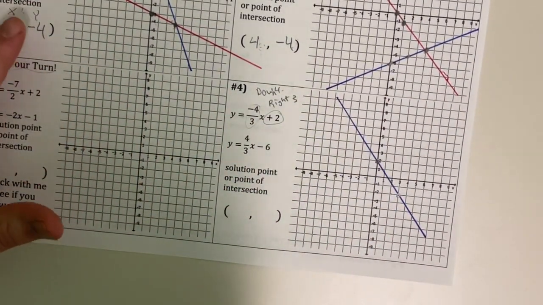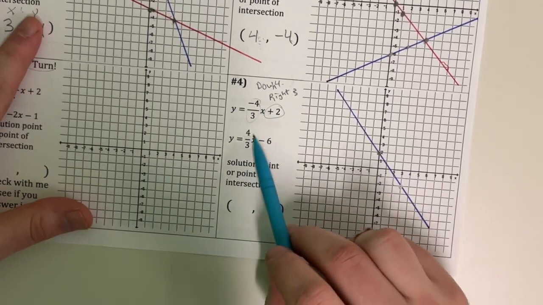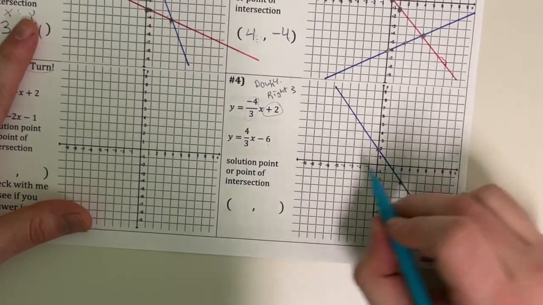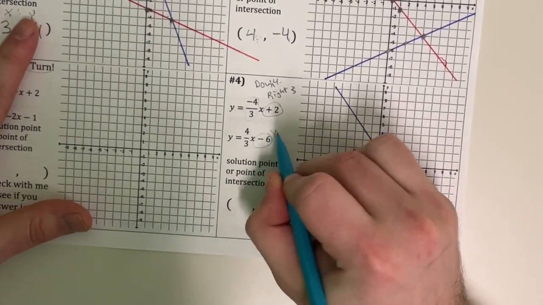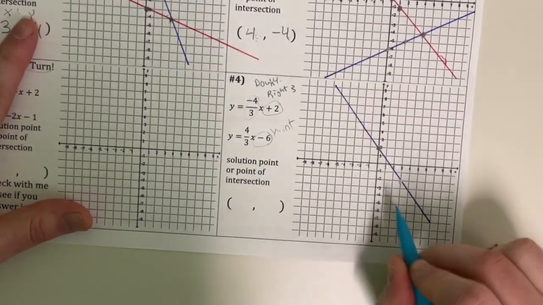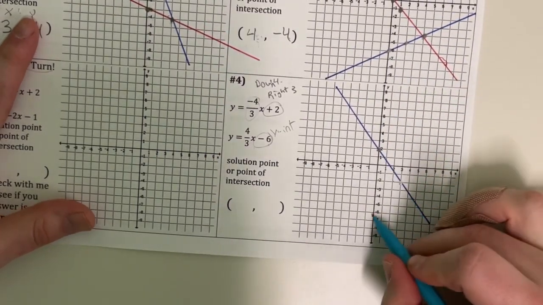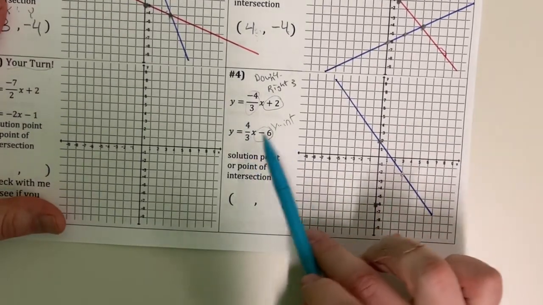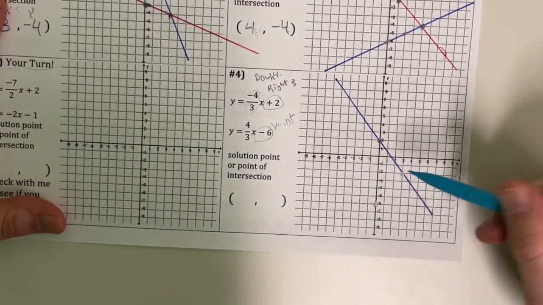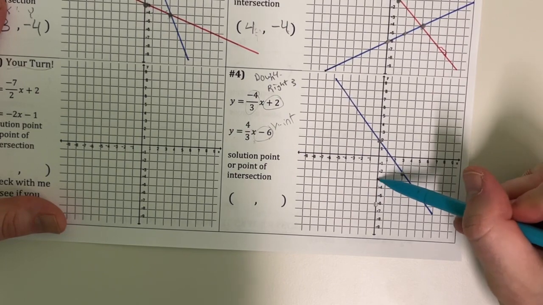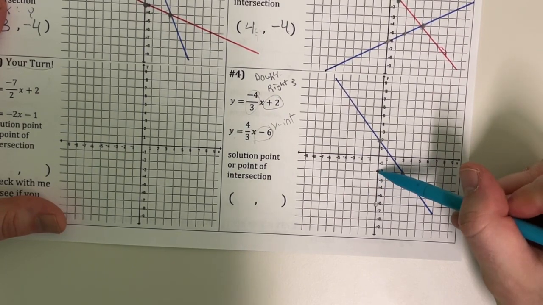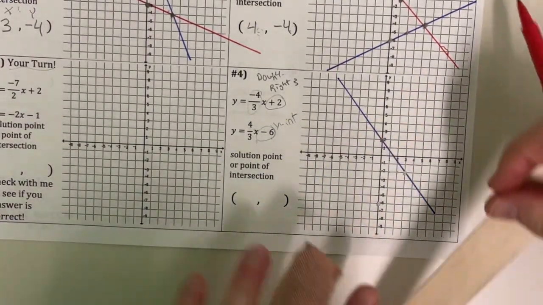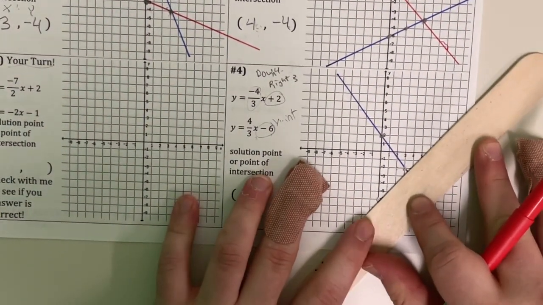All right, and then I can have my second equation, similar situation, but it has y equals 4 over 3 times x minus 6. So get that y-intercept right away. My y-intercept, where it hits the y-axis, is at negative 6. So I can say, all right, now I go 4 up, 3 to the right, 1, 2, 3, 4, and 3 to the right, 1, 2, 3, and it's actually already graphed for us, and that's going to be our point of intersection.